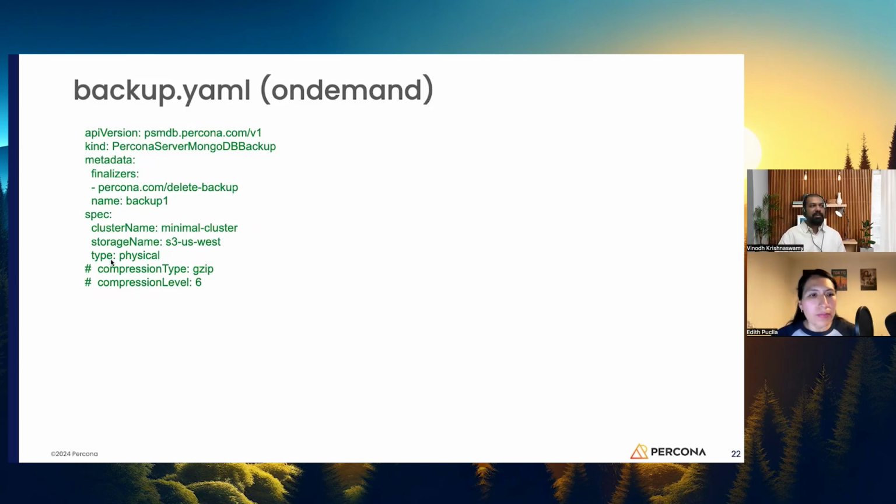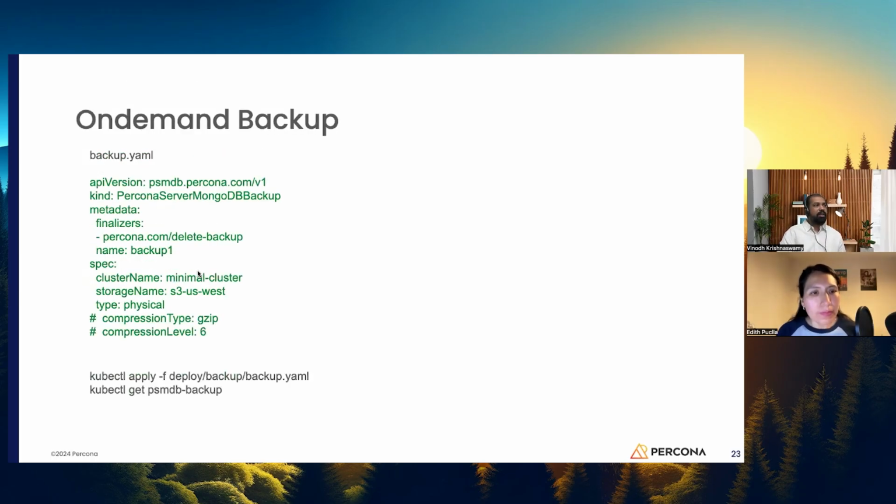For example, here I'm mentioning physical backup. If you mention logical, it will be taken as a logical backup. If you want to mention extra parameters like gzip or other compression types, you can mention them here. For on-demand backups, if you want to take a backup, you have to apply the file like this, and after that you can check the status with the kubectl get psmdb-backup command.